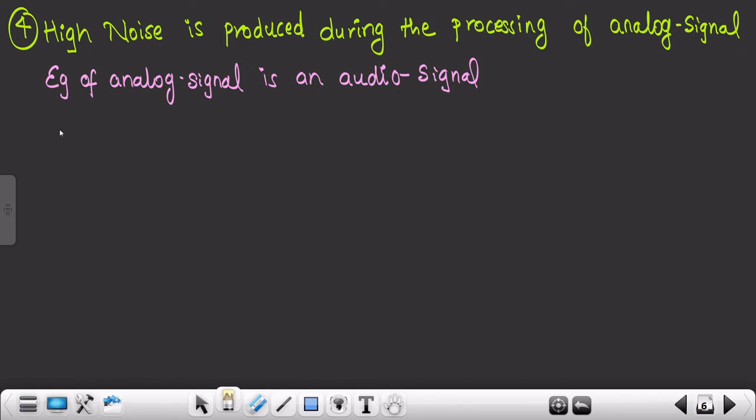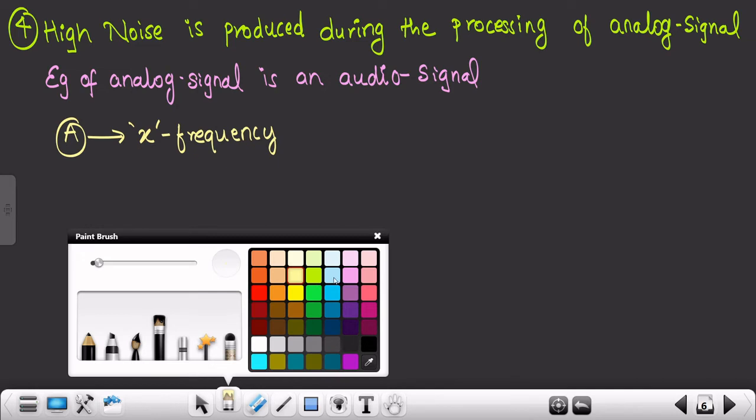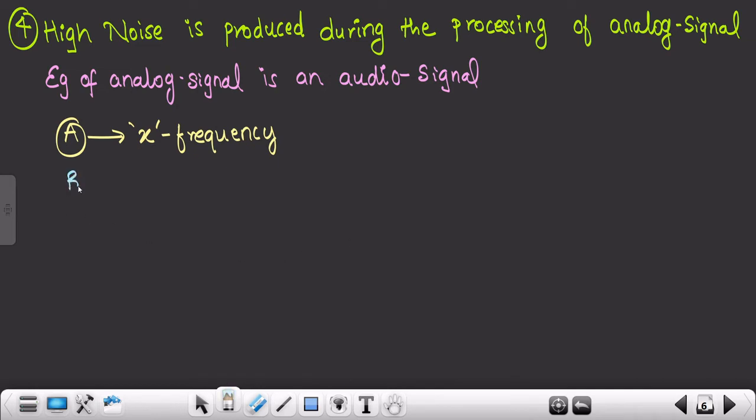Let's suppose I'm person A, I am singing, so my sound wave has some X frequency. Let's suppose I have one mischievous friend who is banging the bench, or maybe a drum, and that has some Y frequency.